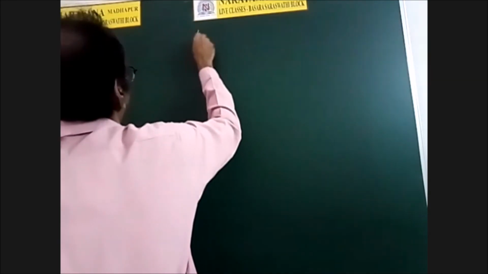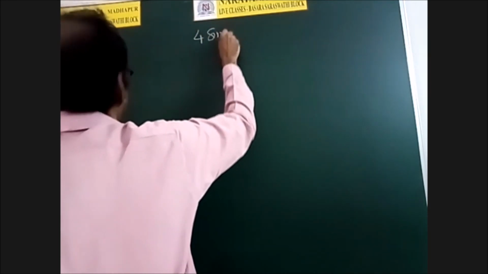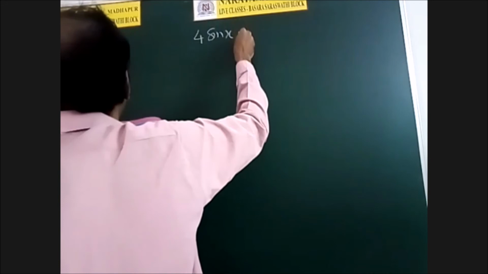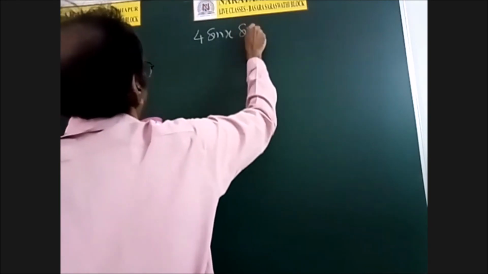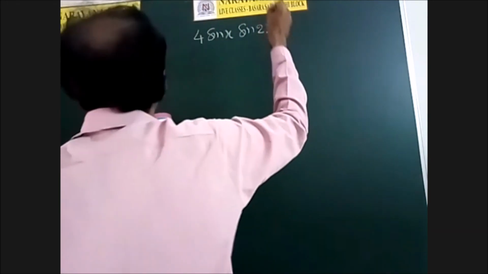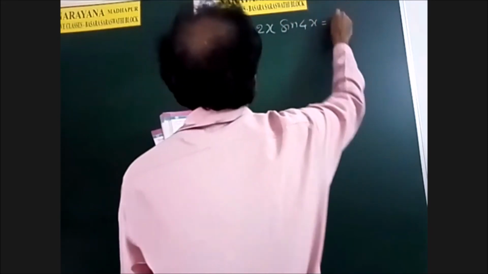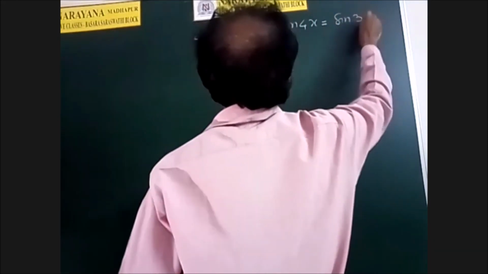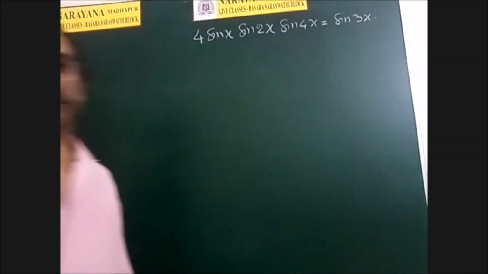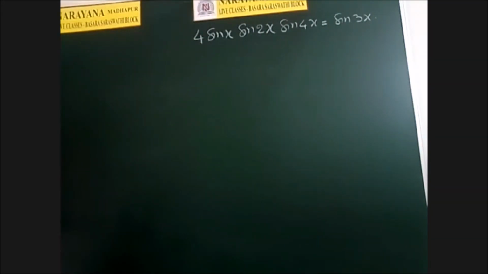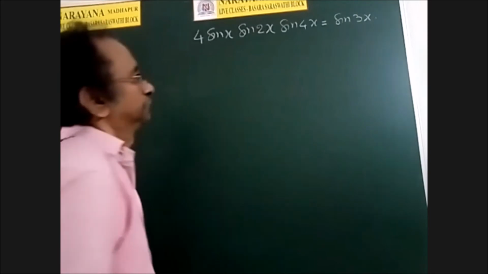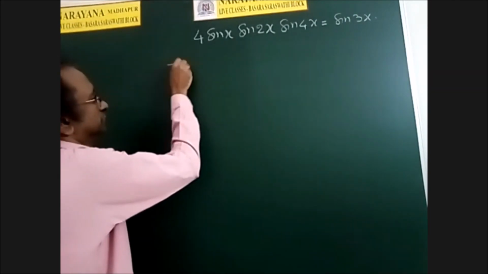Solve 4 sin x sin 2x sin 4x is equal to sin 3x. See, we have to solve this.